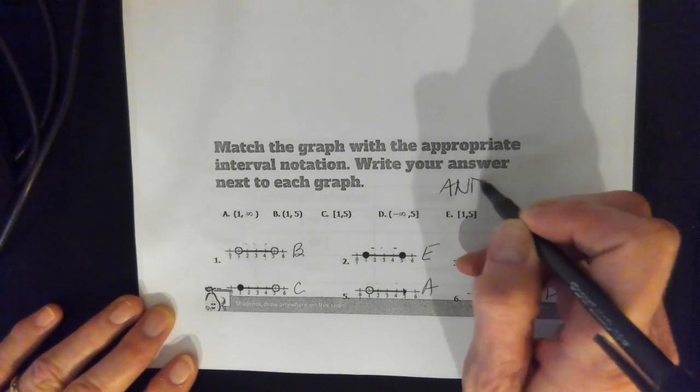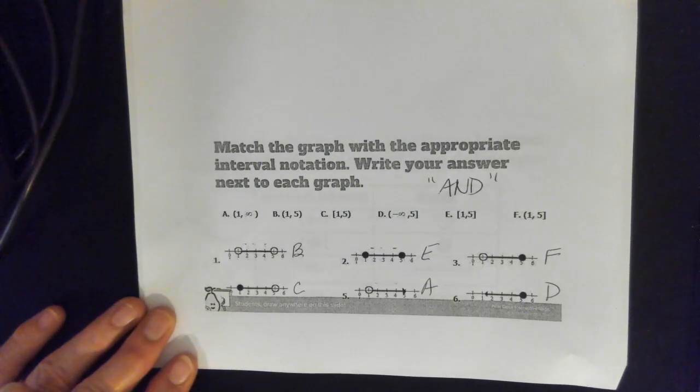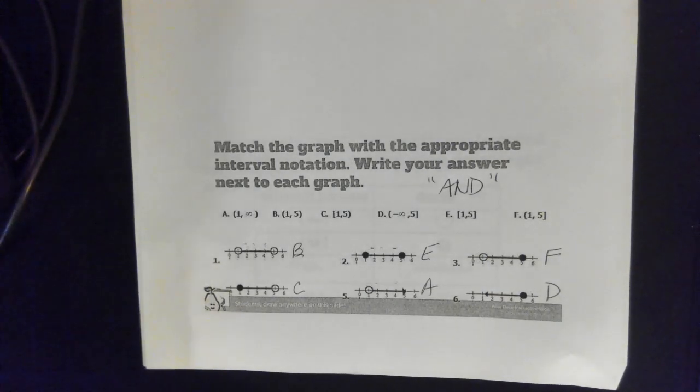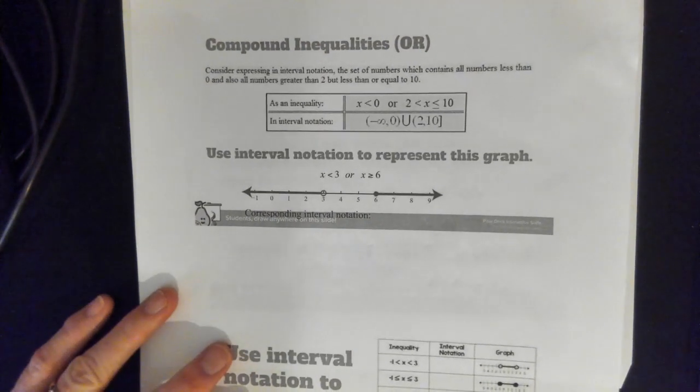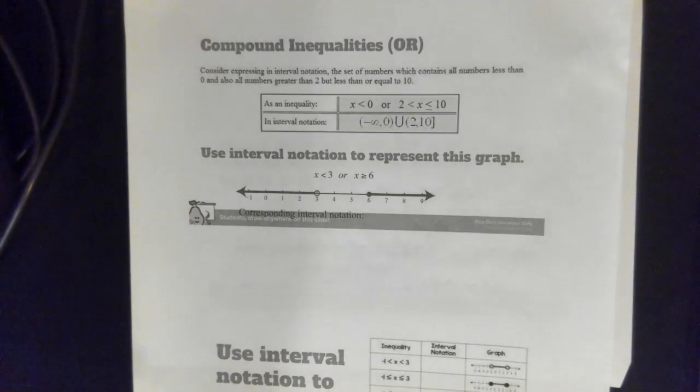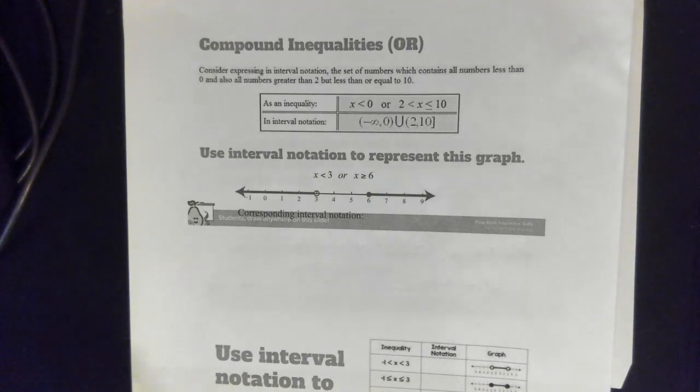These are ands. When we did our compound inequalities last week, we had our ands and we had our ors. So here what I'd like to show you is, how do you write a compound inequality in interval notation? So I wrote it on top as an inequality, and then I wrote it in interval notation.